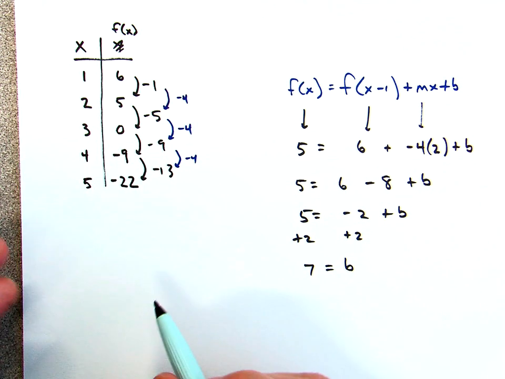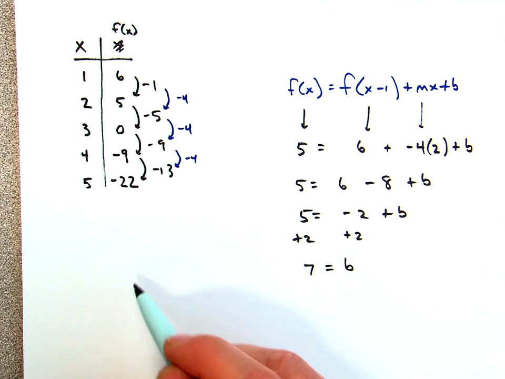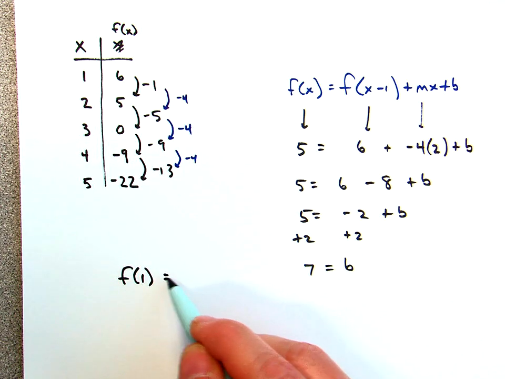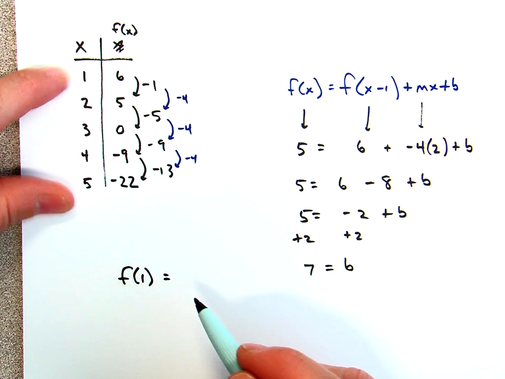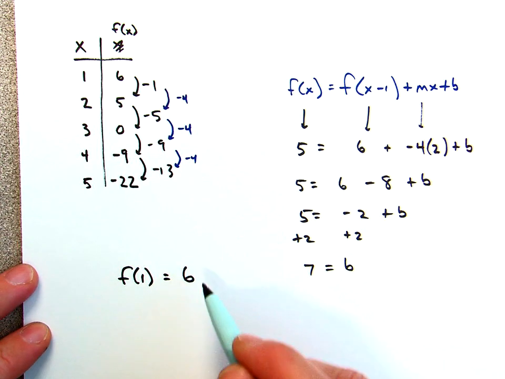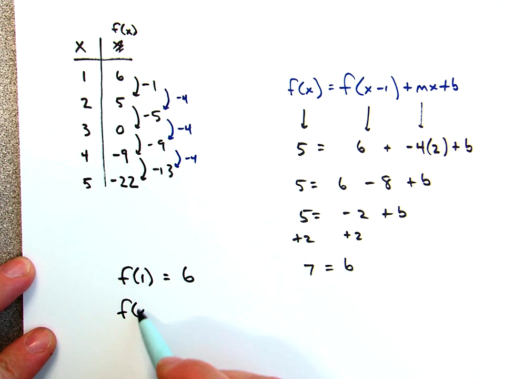So we still want to start with the first term. So in this case of f of x, this would be f of 1, which is the first term in our sequence here, which is 6. And then I can find any function value by taking the value before it.